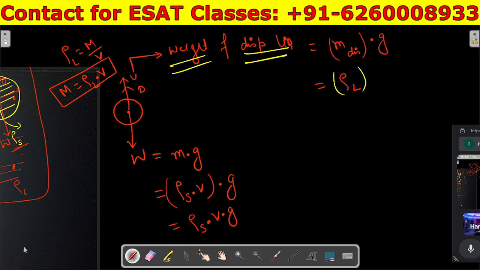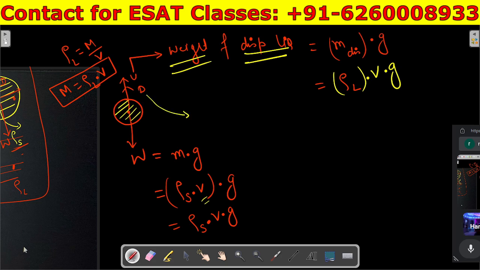So the volume of liquid displaced will be equal to the volume of the sphere completely. So it should be v, and it should be g. So this is the weight of displaced liquid, that is the upthrust.